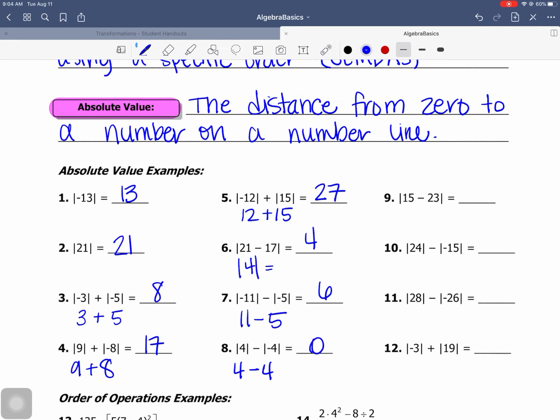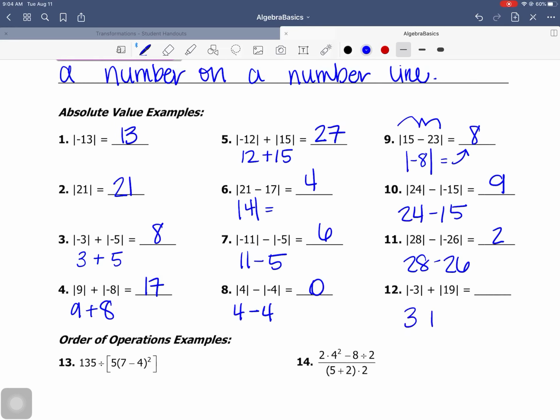Now, 15 minus 23 is going to give us a negative 8, but it's all inside the absolute value bar, so the absolute value of negative 8 is positive 8. All right. So there we have done the absolute value examples.